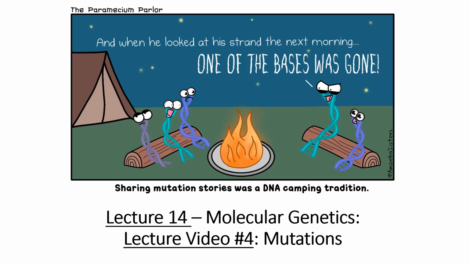So let's start actually by looking at a mutation that has a harmful effect. And this is the case of certain genetic diseases. So this is a story of a family that has their first child, and their first child is named Hayden.